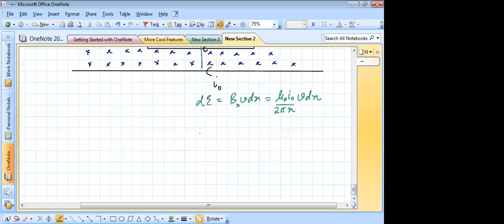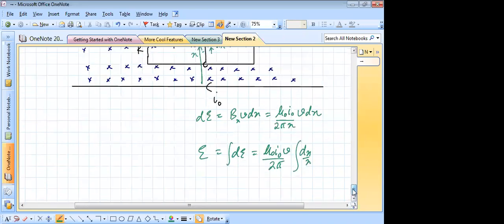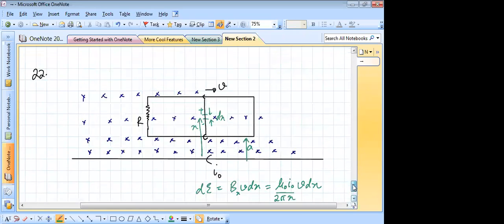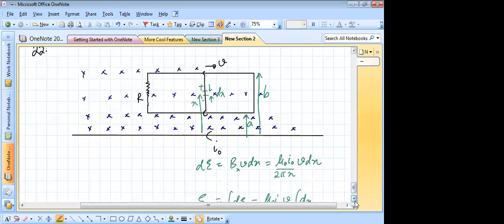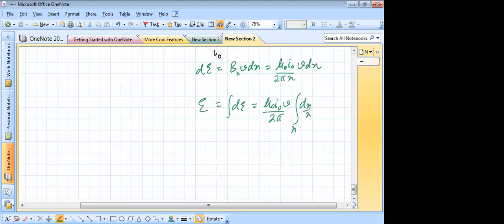So your EMF induced will be this. So mu naught I naught V by 2 pi, dx by x, integrated from where to where? This distance is a and this distance is b. So a to b. So ln b by a will come, right? Yes. x equal to a to x equal to b.